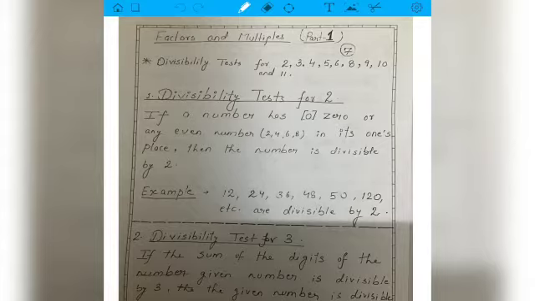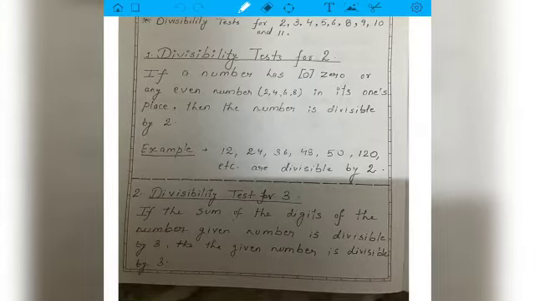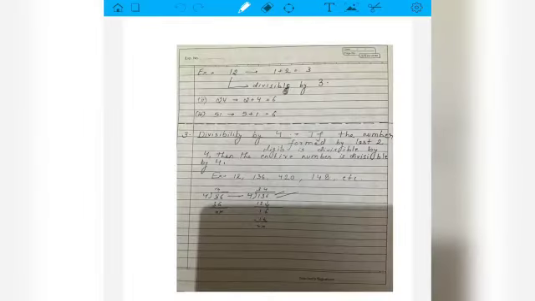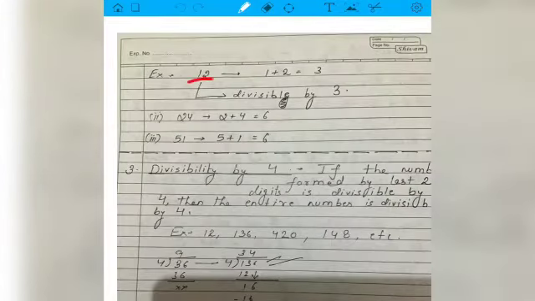Now the divisibility test for 3 is very easy. If the sum of the digits of a given number is divisible by 3, the given number is divisible by 3. For example, in 12, if I add the digits 1 and 2, we get 3.